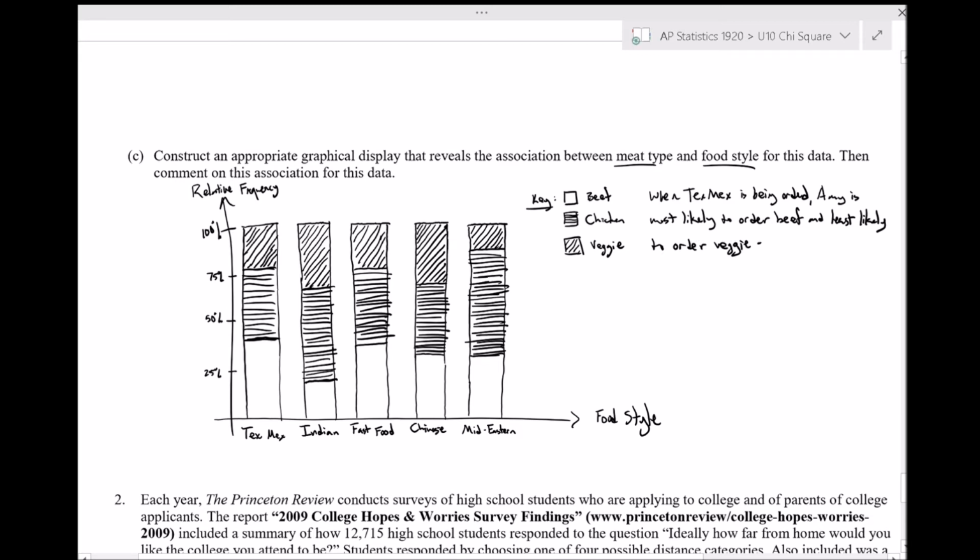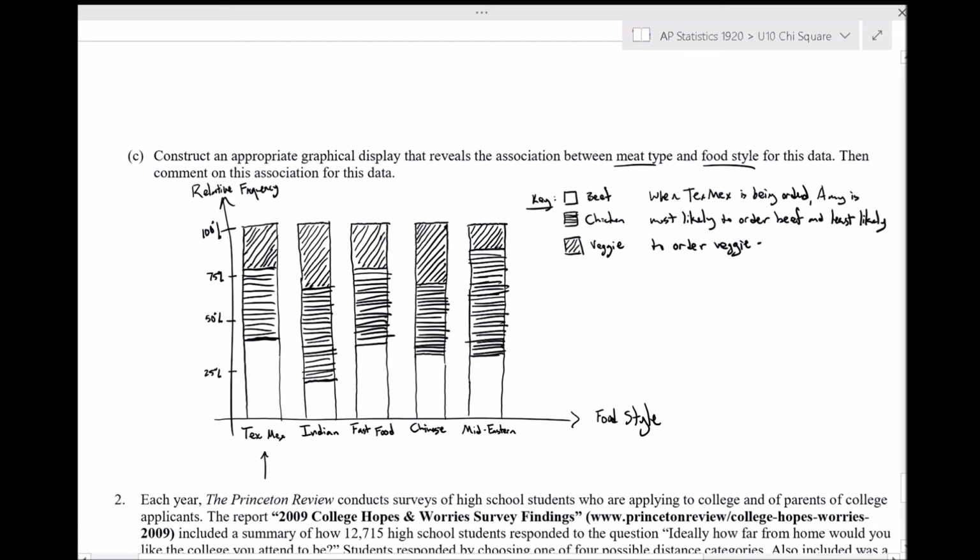So then I'm going to scan the rest of this to see if that's going to be consistent all across the board, or if that's going to differ significantly for some of these other ones. It looks like Chinese kind of fits the same pattern here. If somebody's ordering Chinese food, it kind of looks like she's most likely to order beef. Actually, not really. That one's a tough one. Is there one here that kind of looks like the case?